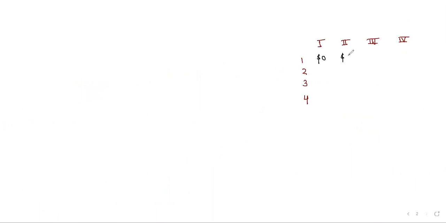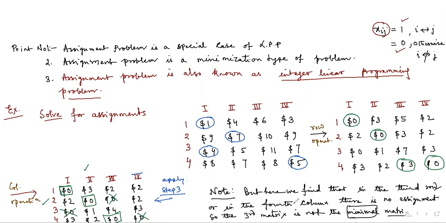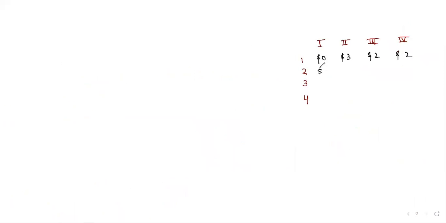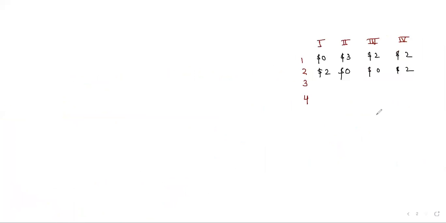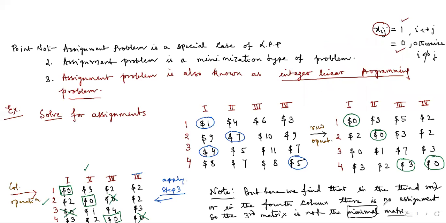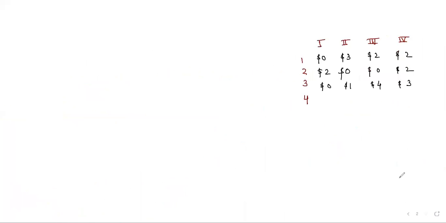Next we have 2, 0, 0, 2. Next we have 0, 1, 4, 3. And lastly 3, 2, 0, 0.